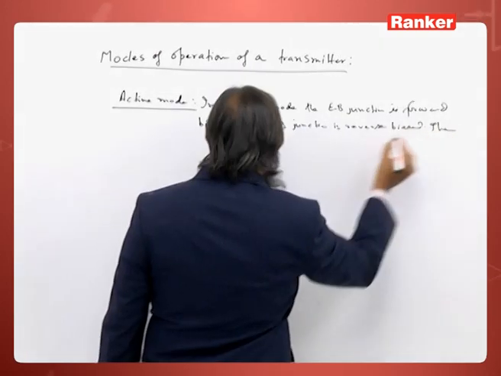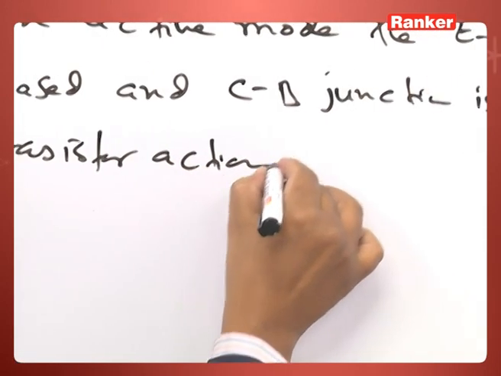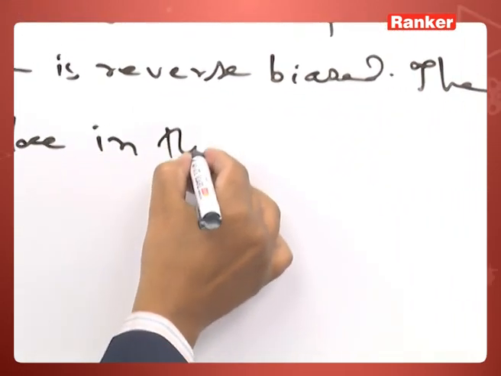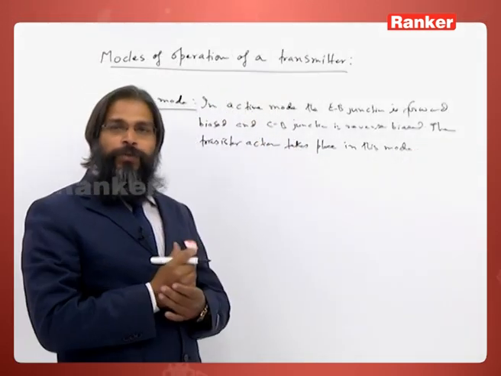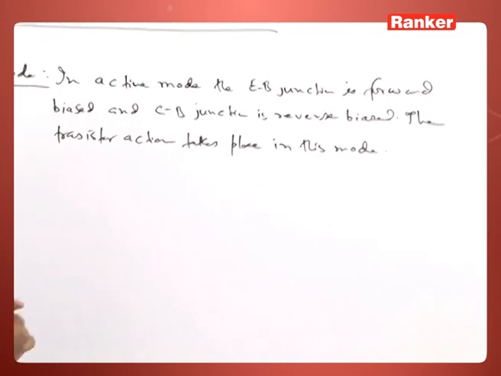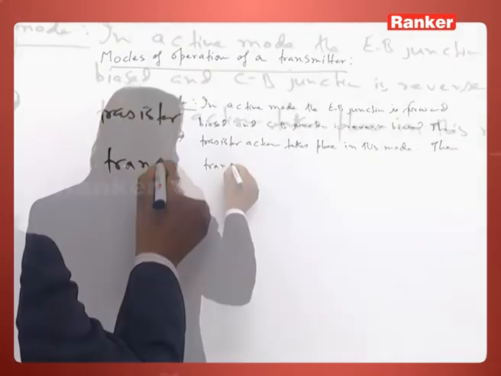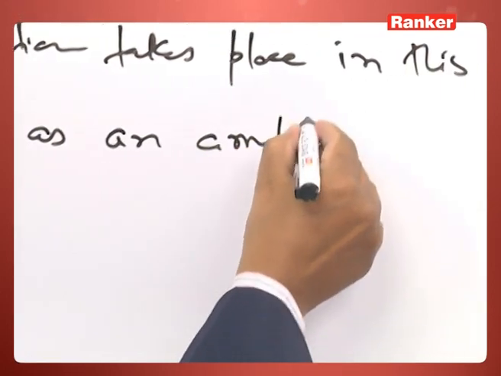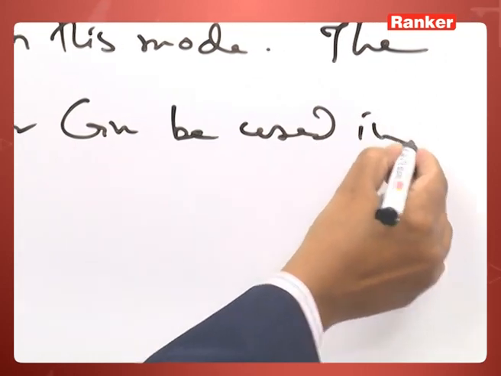The transistor action takes place in this mode. So, when we want to use this transistor as an amplifier, we have to work in this active mode. So, the transistor as an amplifier can be used in this mode.